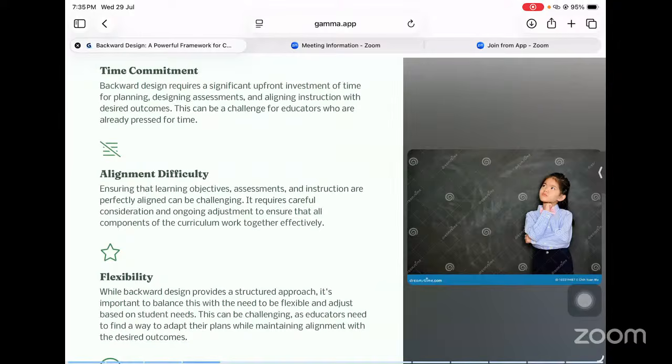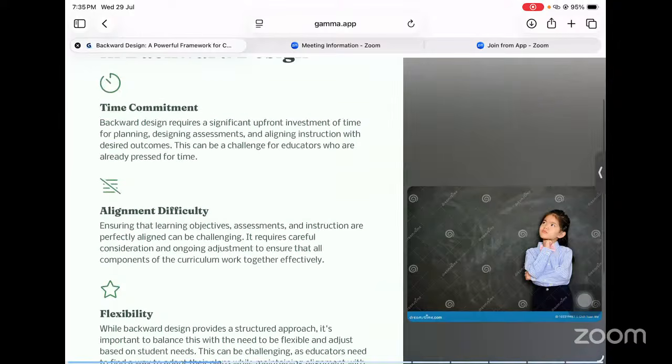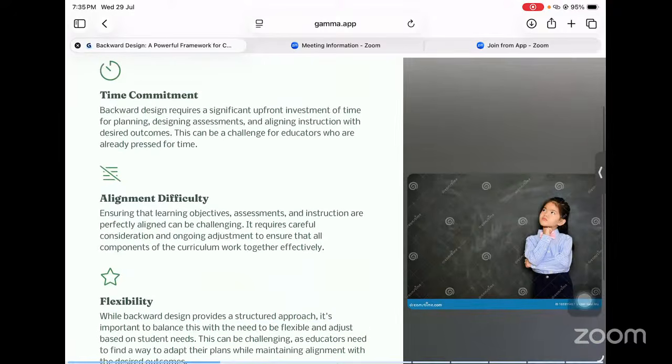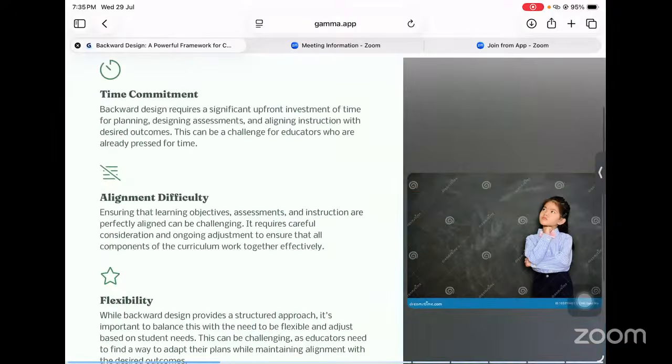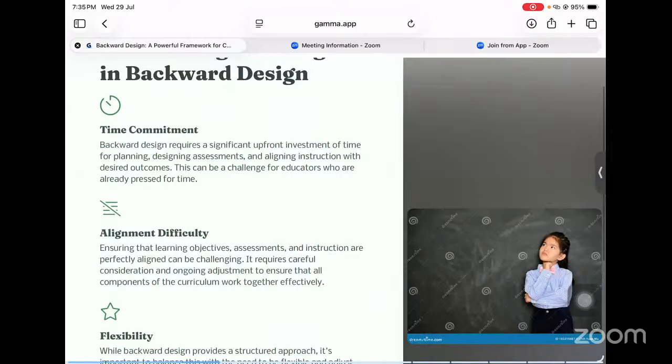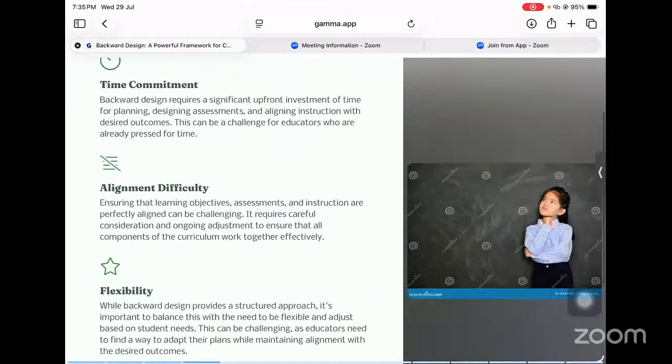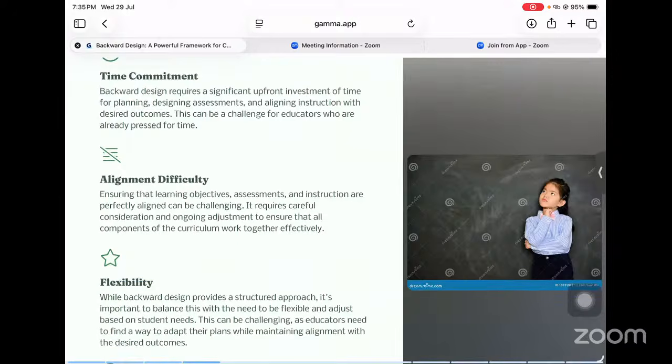So the challenges that the teachers feel they would face while planning are unity, flexibility, and prior knowledge. Okay, but when you do this by backward design, then you will overcome these challenges. You will be able to overcome the time commitment, because you will know how much time the students will need in order to understand all that you're trying to teach, and you will design assessments that will be aligned with the learning objective.